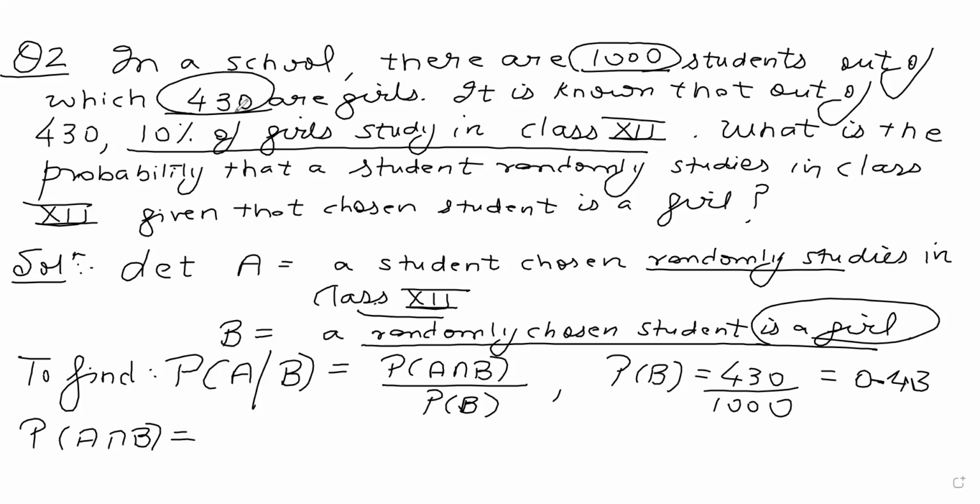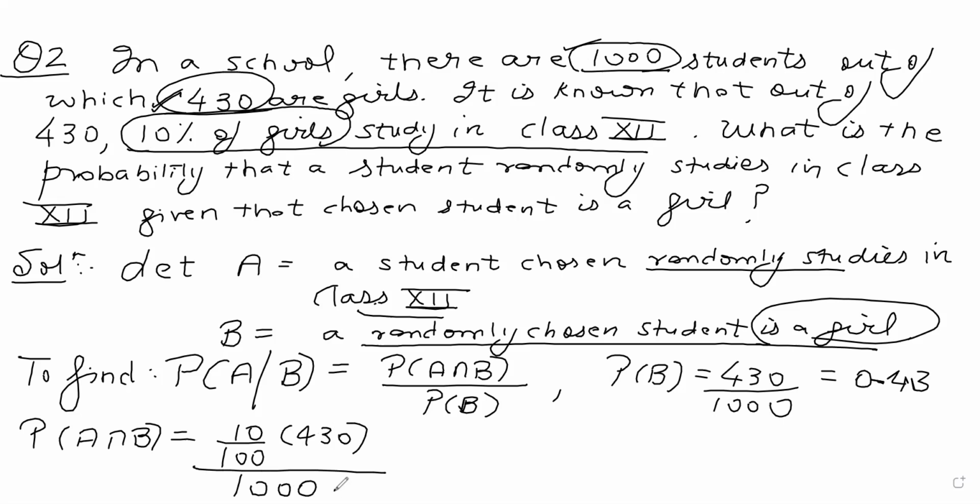Out of these 430 girls, 10% study in class 12. So number of girls in class 12 is 10% of 430. This is my favorable number of outcomes divided by total number of outcomes, which is still 1000.